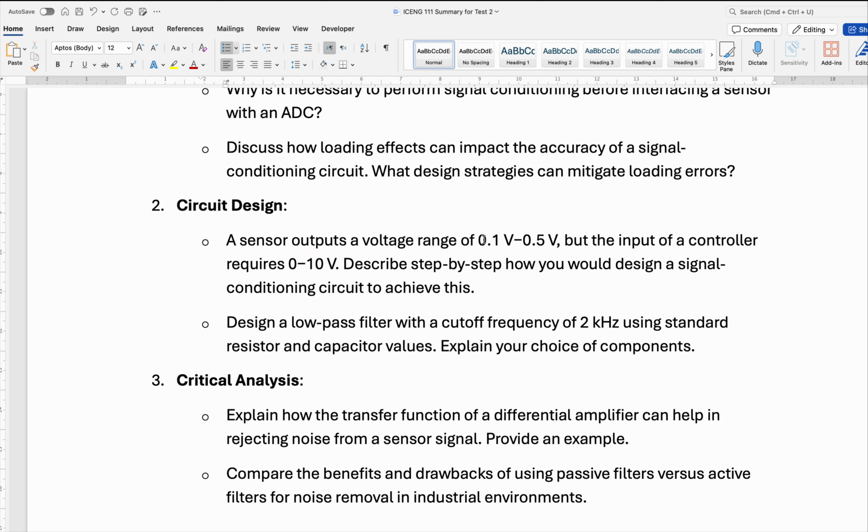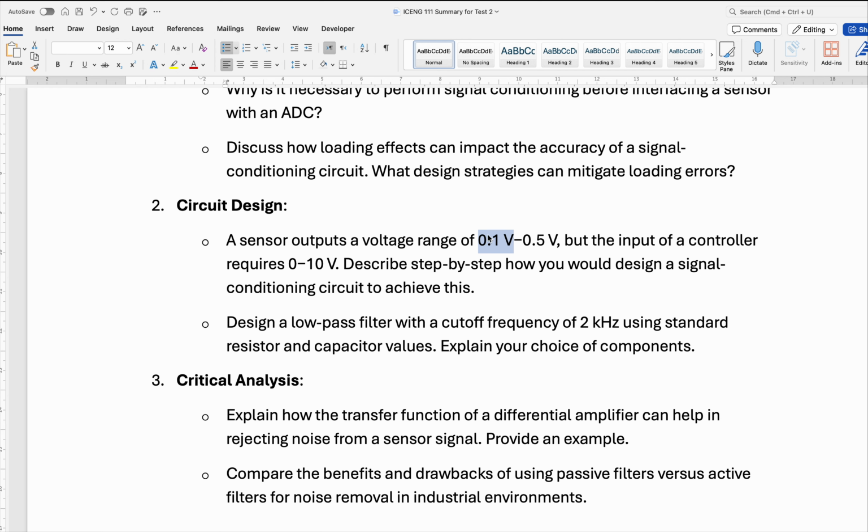Because this starts at 0.1 and the target starts at 0, I need to subtract 0.1, which gives a range of 0 to 0.4. Then I can find the linear relationship from 0 to 0.4 to 0 to 10 volts, which identifies how much amplification I need. This is the easiest way of doing it: an intercept of 0.1, and then finding the value of the amplification.